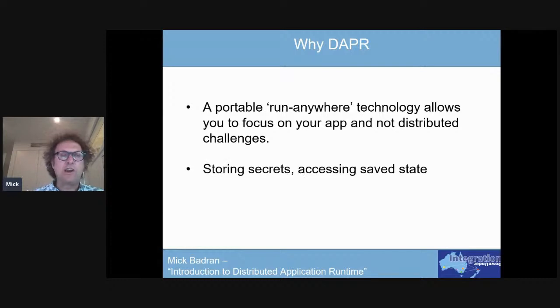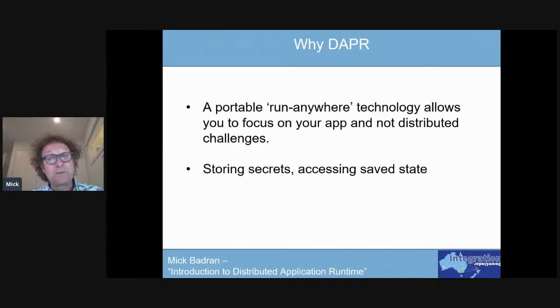So these are just some of the things, and other bits and pieces around, well, the classic storing secrets, accessing some saved state. And that's always the question today. Take, for example, you're deploying an application on premises somewhere, or you're deploying the same application to Azure, or to AWS.